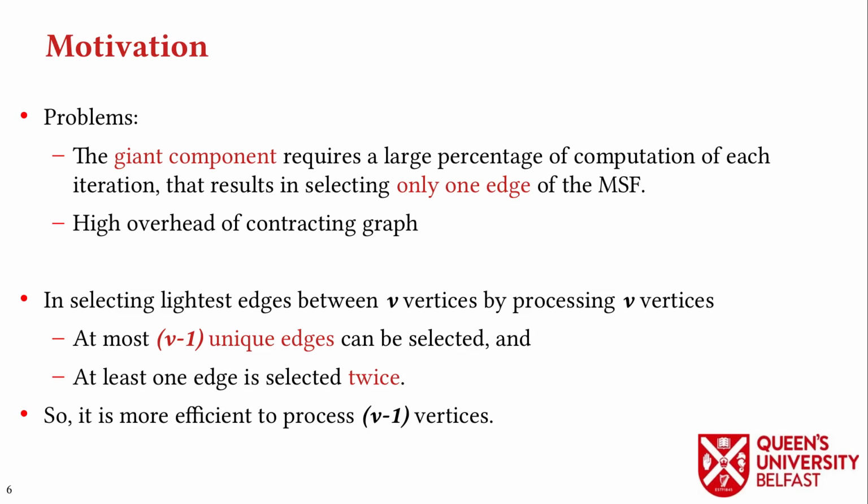On the other hand, when we select lightest edges between V connected vertices, at most V-1 unique edges can be selected, and at least one edge is selected twice. So it's more efficient to process V-1 vertices.